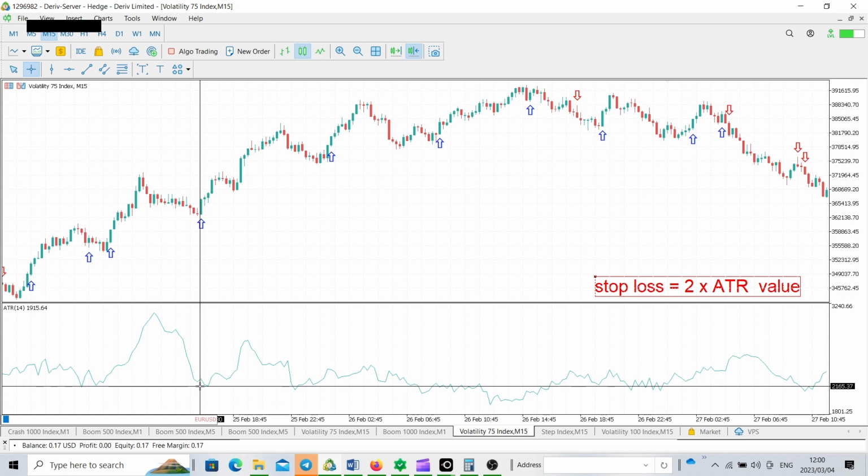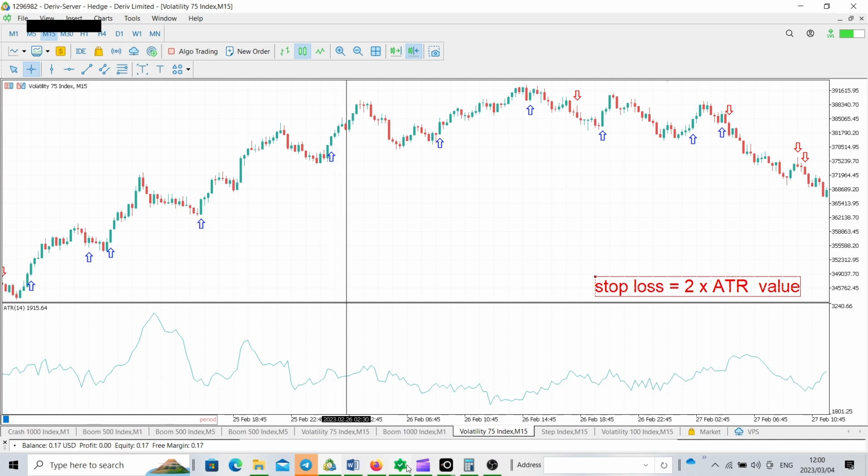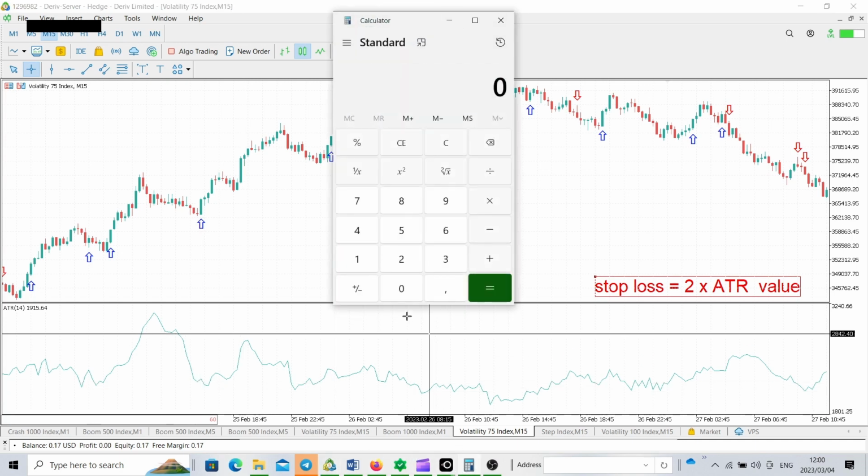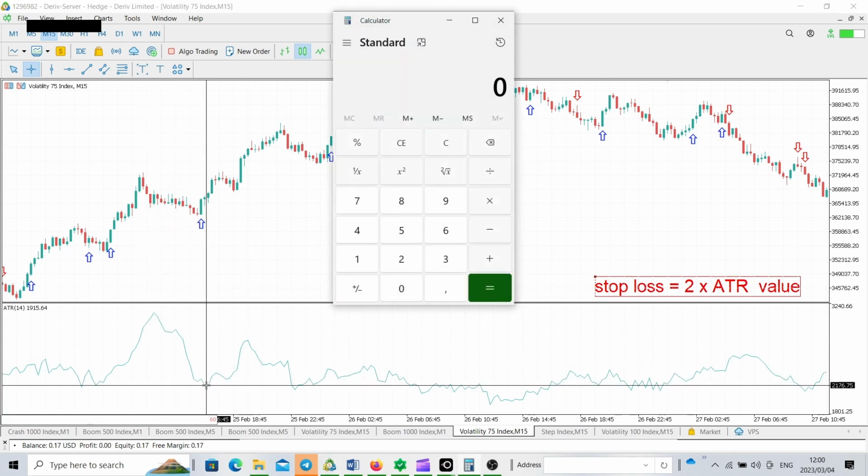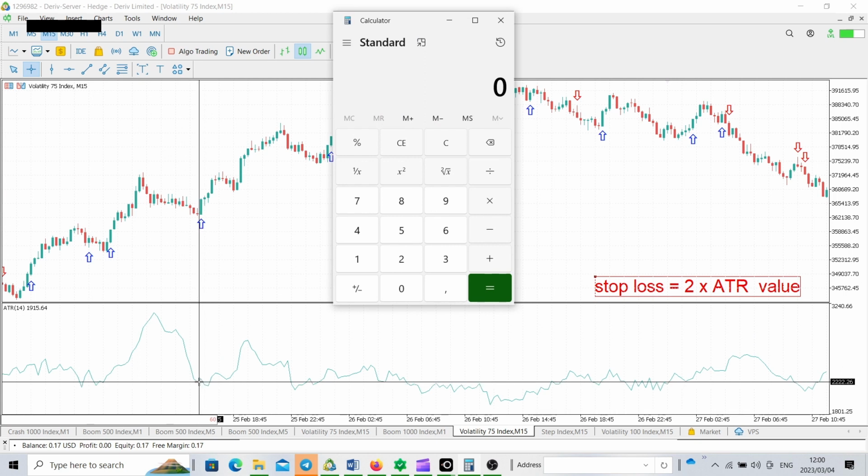At this point our value was 2205. So we're going to bring our calculator. So we have 2205. Let's take the exact value, 2233. Then we're going to multiply it by 2.